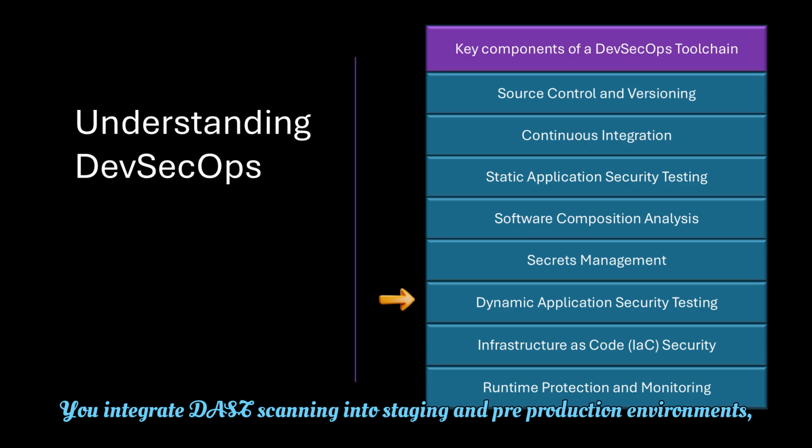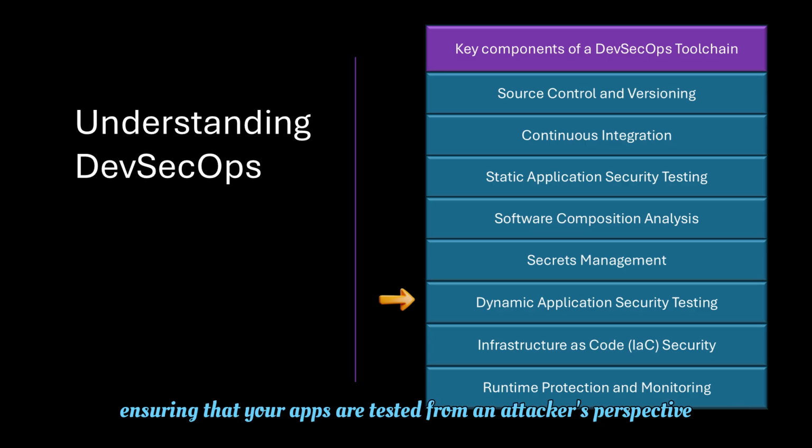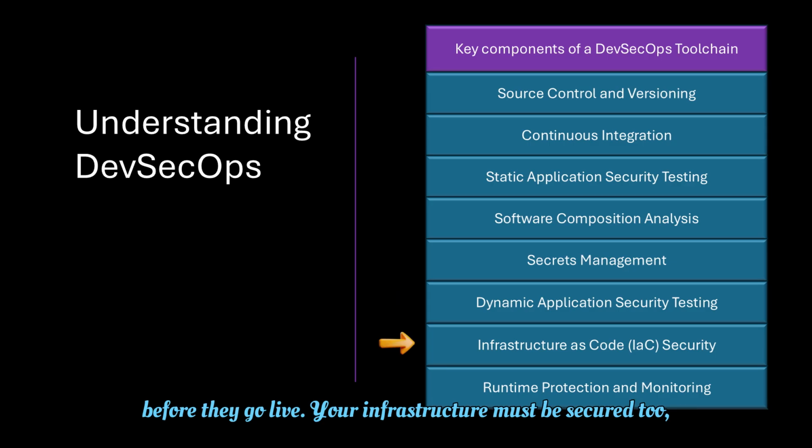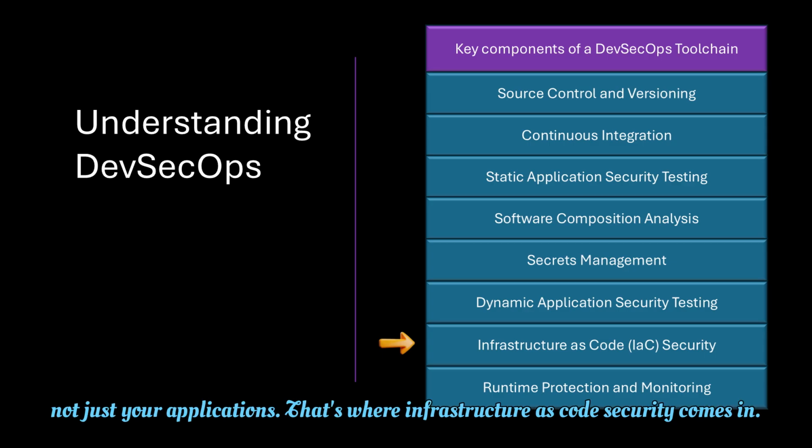You integrate DAST scanning into staging and pre-production environments, ensuring that your apps are tested from an attacker's perspective before they go live. Your infrastructure must be secured too, not just your applications. That's where infrastructure as code security comes in.